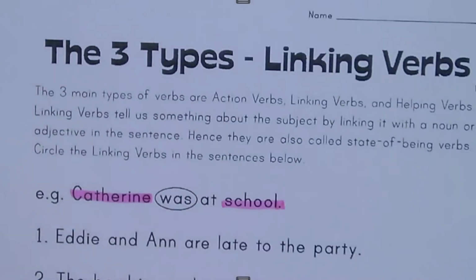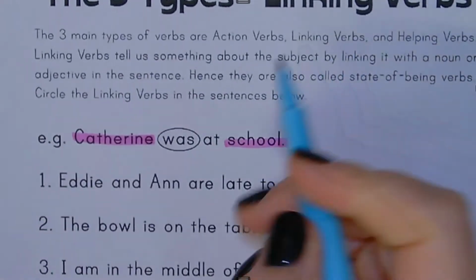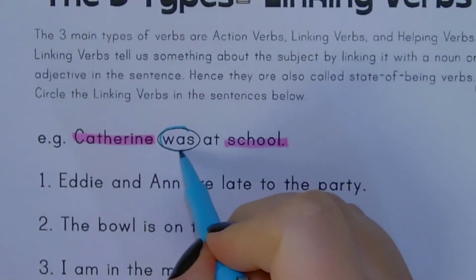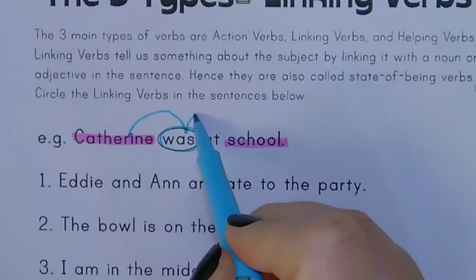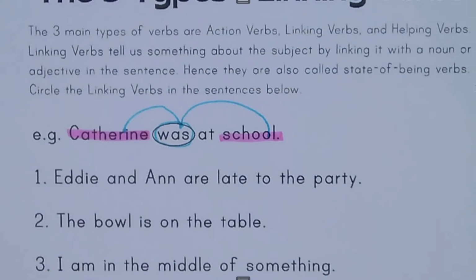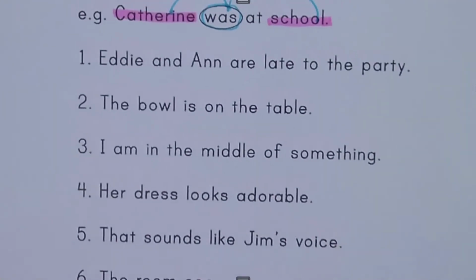We're learning where she is. Where is Catherine? She's at school. So Catherine was at school. So that means was is linking the subject to where the subject is. Okay? All right.